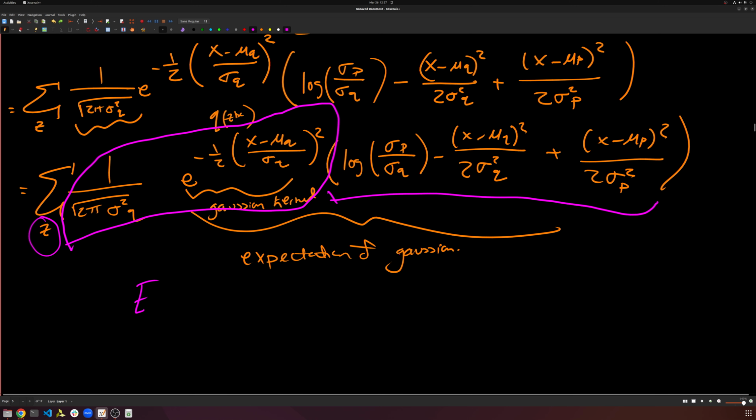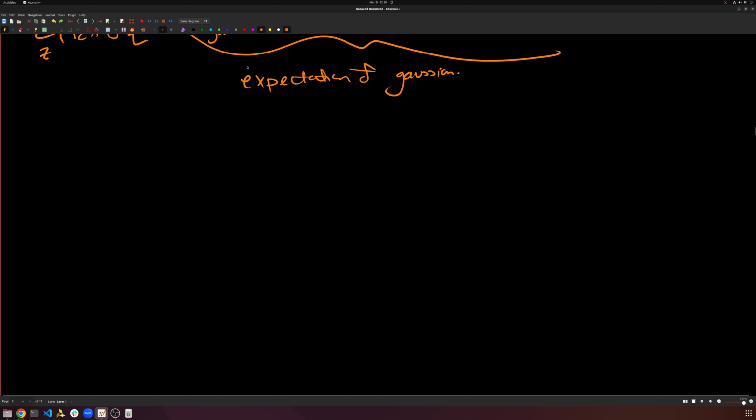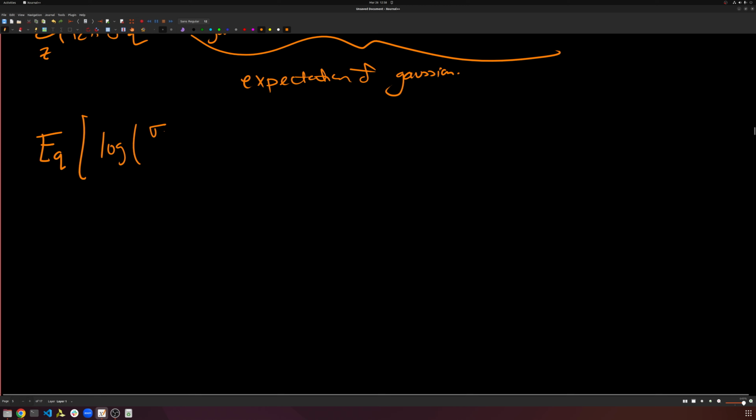So let's go ahead and treat it that way and just rewrite it along those lines, to make it a little bit cleaner. So this is nothing but the expectation over Q, because it's the distribution Q. And everything on the inside is the same. We're still going to have a log sigma P over sigma Q. Let me double check that.